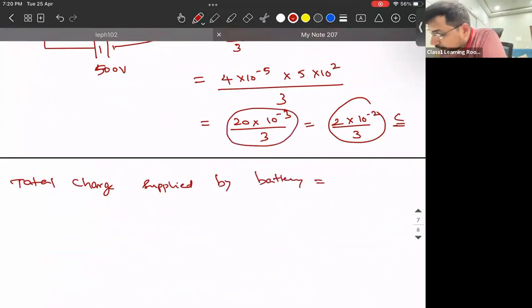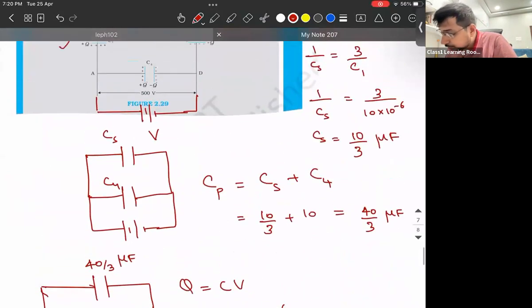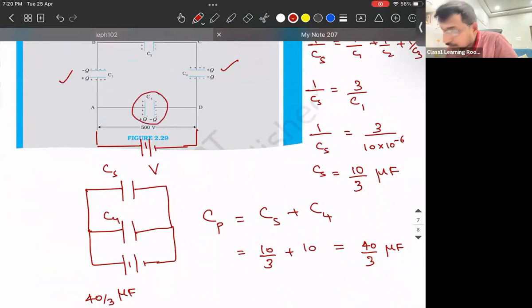Can I take this to be the total charge supplied by the battery? It is going to be 20 divided by 3 microcoulomb. Out of the 20 by 3 microcoulomb, how much is going and sitting on C4?